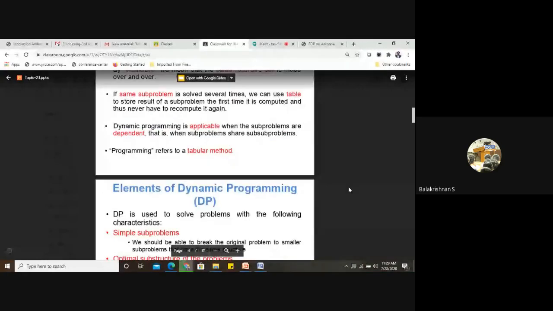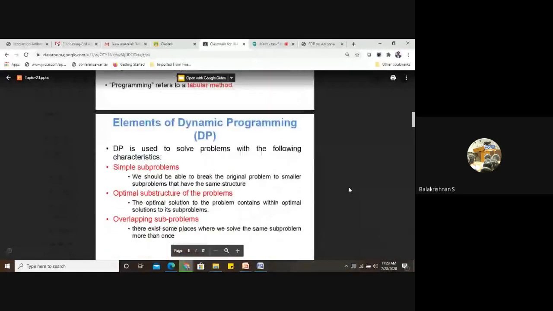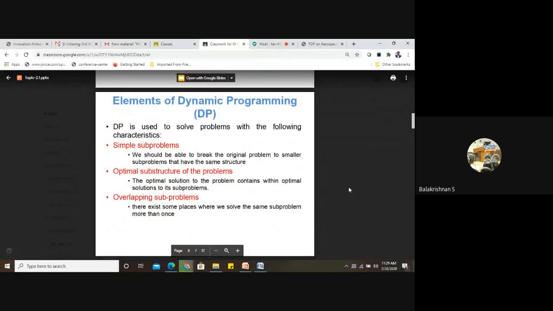So, the elements of dynamic programming. What are the important elements of dynamic programming? Dynamic programming is used to solve problems with the following characteristics. The first one is simple subproblems. Here we should be able to break the original problem into smaller subproblems that have the same structure. Second element is the optimal substructure of the problem.